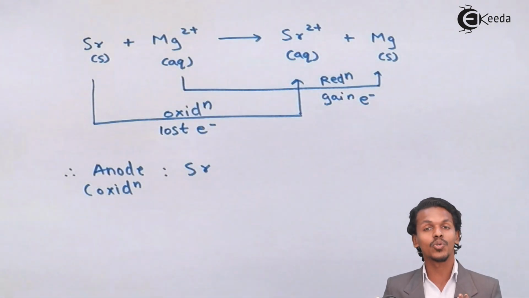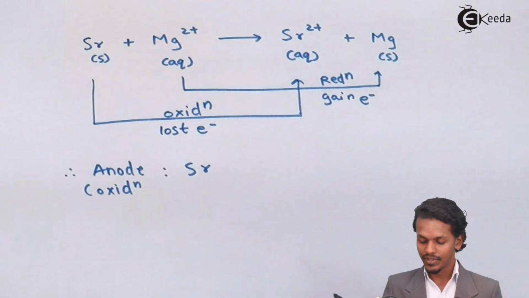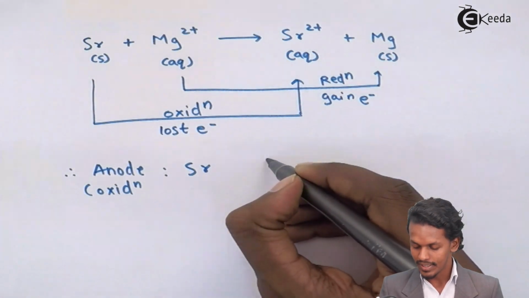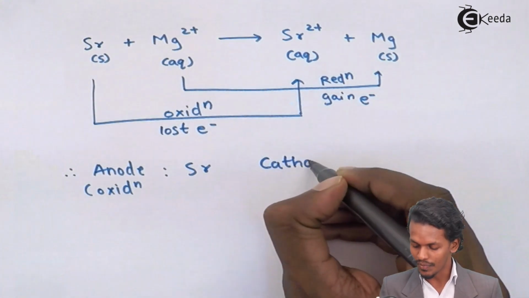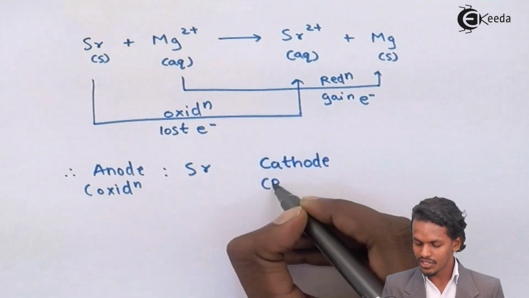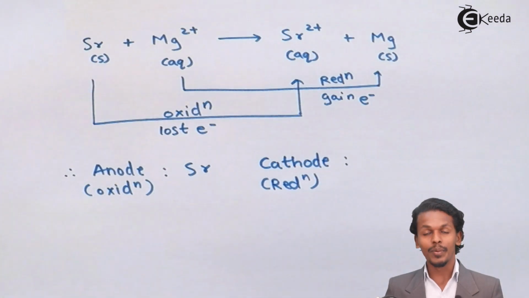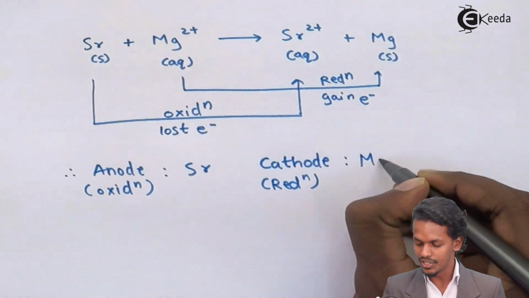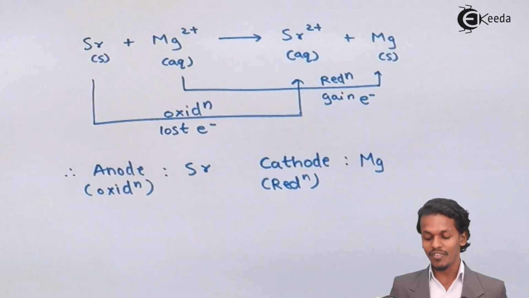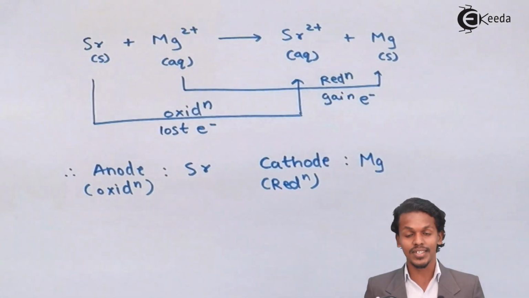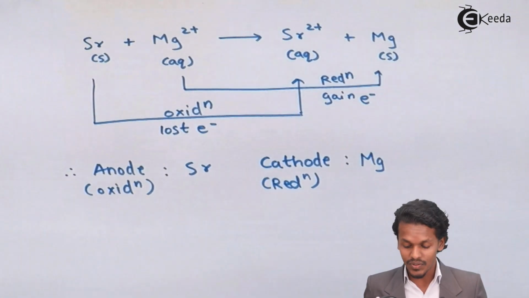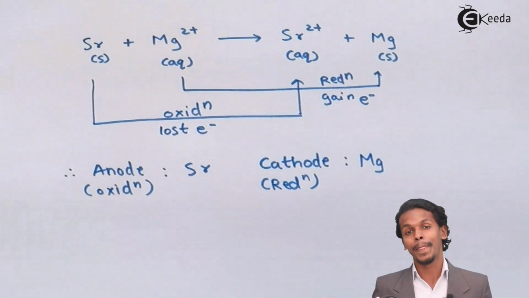So the cathode, on which reduction takes place, will be magnesium. This is how we have predicted which one is anode and which one is acting as a cathode.